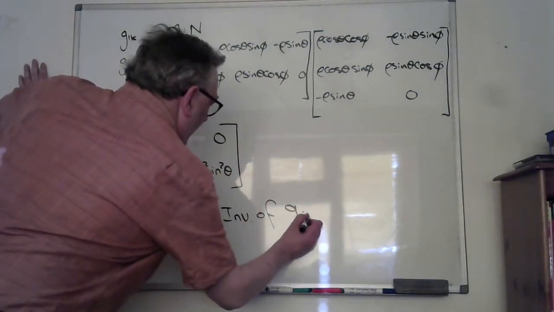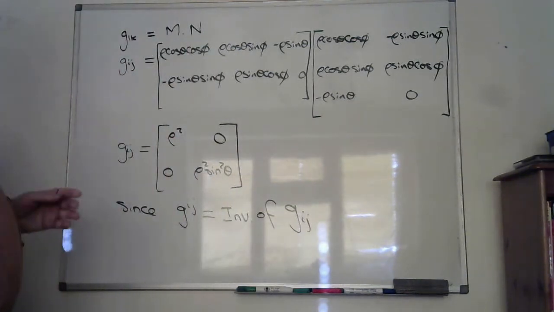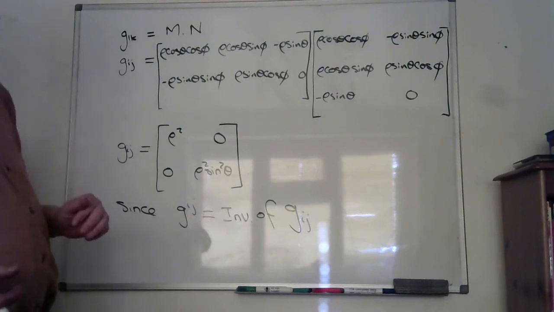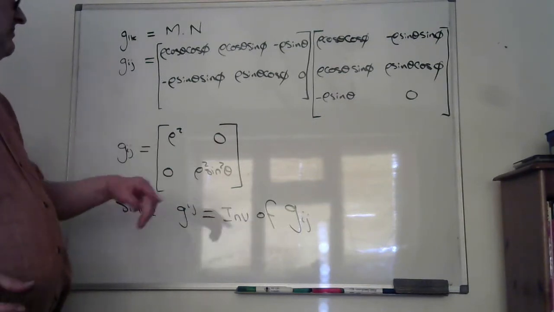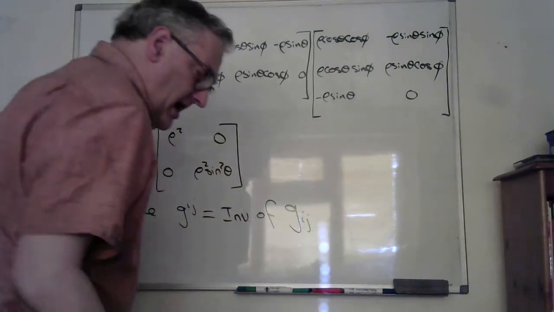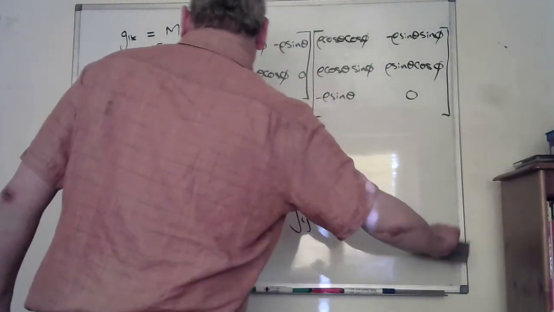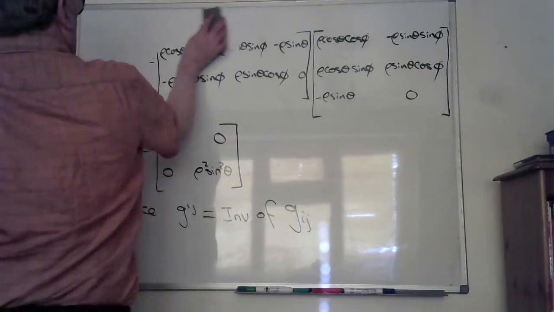G sub IJ, then all we have to do is invert this matrix, which, if you've done a bit of A level, certainly degree level, you should have no problem with. And we'll just quickly do that, so I'll have to rub this off the board.